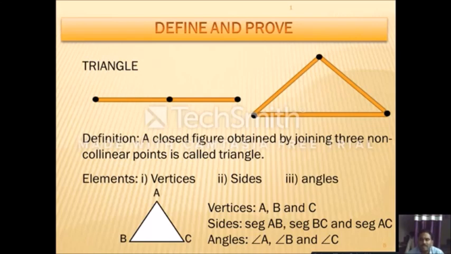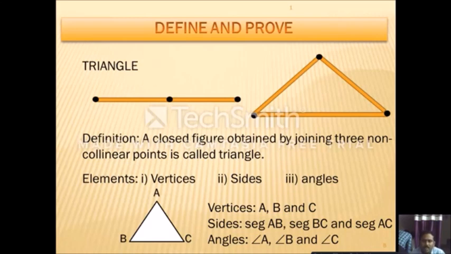Therefore, in this triangle we see that there are 3 vertices. Therefore, every triangle has 3 vertices. The second type of element is the side. A side is the segment joining 2 vertices of the triangle. If we observe how many sides the triangle has, we see that there are 3 sides. So, a triangle has 3 sides.